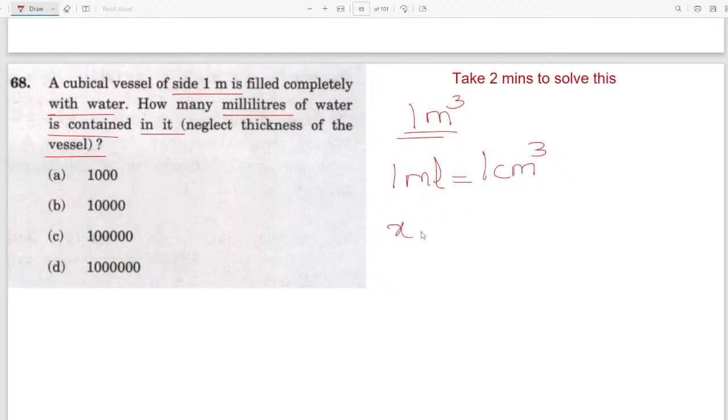So let x be the number, x into 1 centimeter cube. Centi is 10 raised to minus 2. So centimeter cube would be 10 raised to minus 2 whole cube into meter cube.